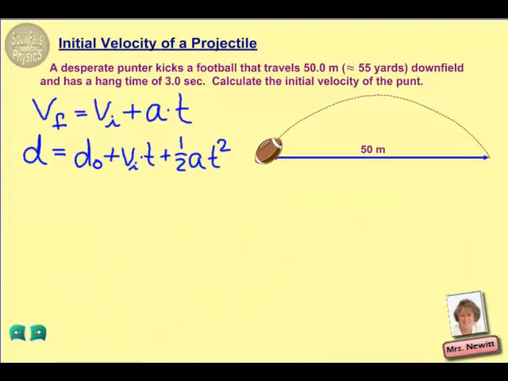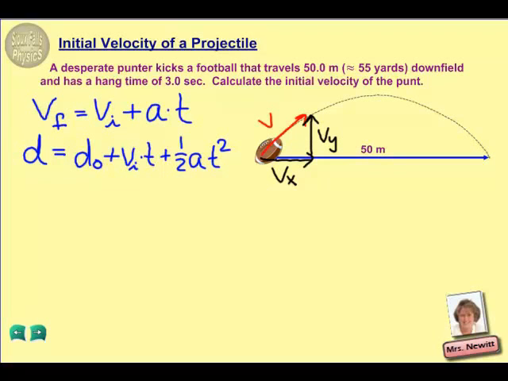All right, so let's take a look at some numbers. We've got a little diagram of our football's path drawn here. Note that right now we don't necessarily know whether it's to scale or not. But we do know that it has a resultant velocity that is going to be at an angle, and that resultant can be split into those 2 parts, one in the x direction and one in the y direction.